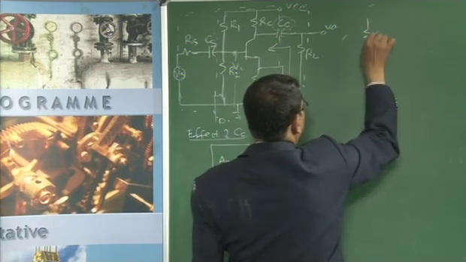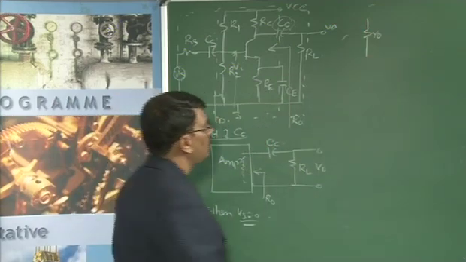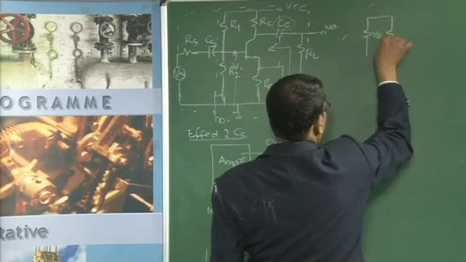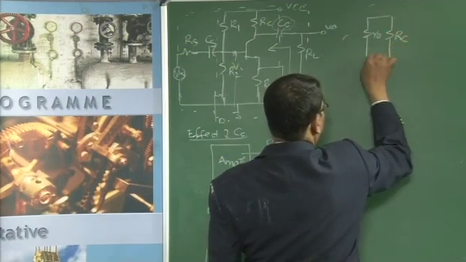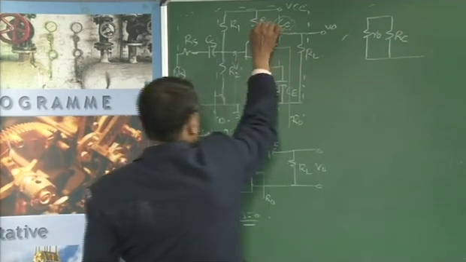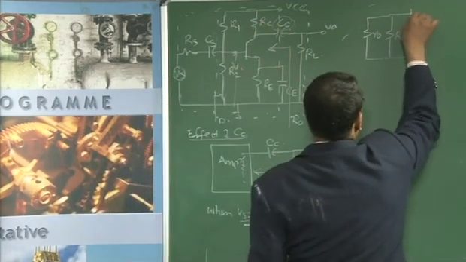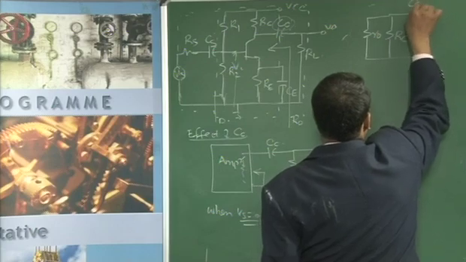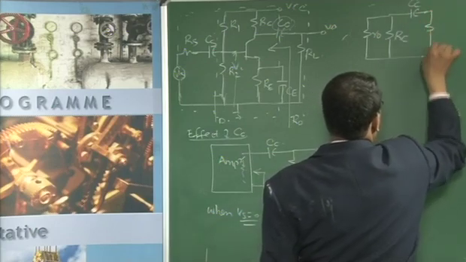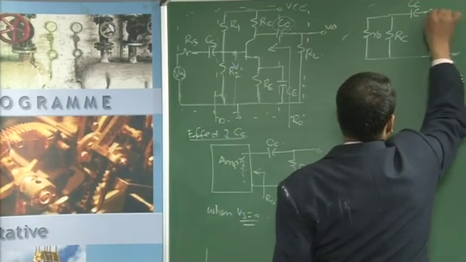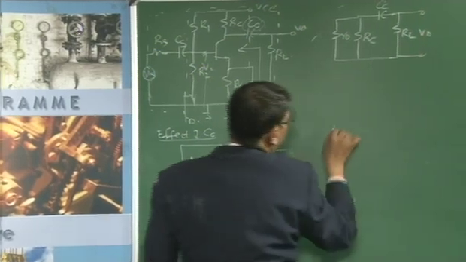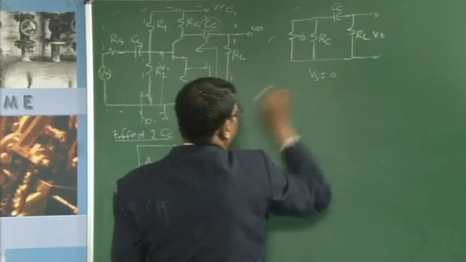R naught is the internal resistance of the transistor in parallel with the coupling capacitor, the collector resistance RC is in series with this capacitor CC, and then the output is taken across RL. This is V naught, the equivalent circuit when Vs is equal to 0.